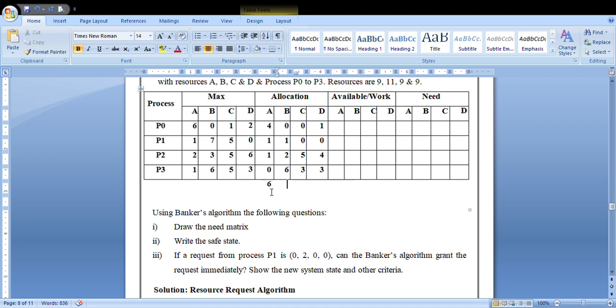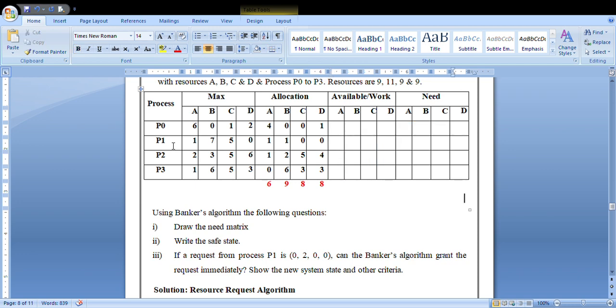Next, 8 plus 1, 9. 5 plus 3 is 8. 7, 1, 8. This is our total allocation value.